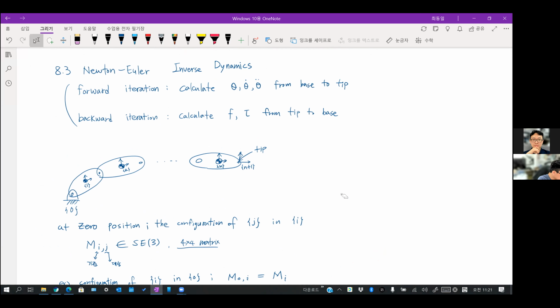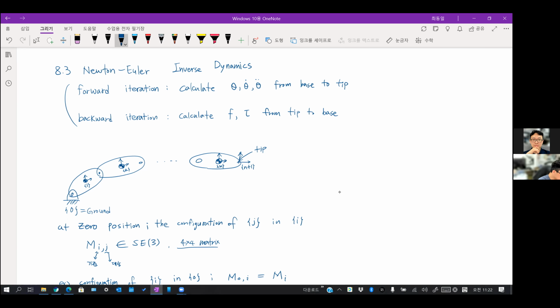So if there is a series link, an open chain link, there are n links from 0 to n, and the reference frame is located on the center of mass of each link, here, here, here. And the base link is the ground, actually. And the n+1 link is the end effector or tip.